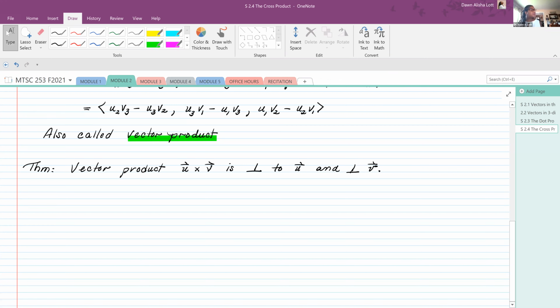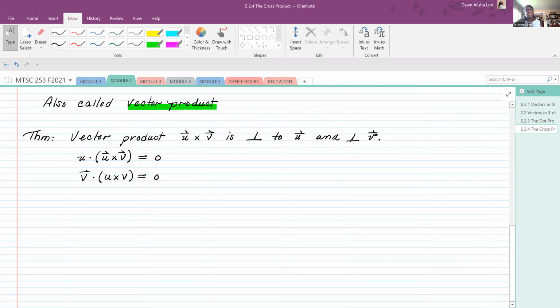Okay, so if it's perpendicular, that means that if I take U and dot it with U cross V, I would get 0. And if I take V and dot it with U cross V, I will also get 0.